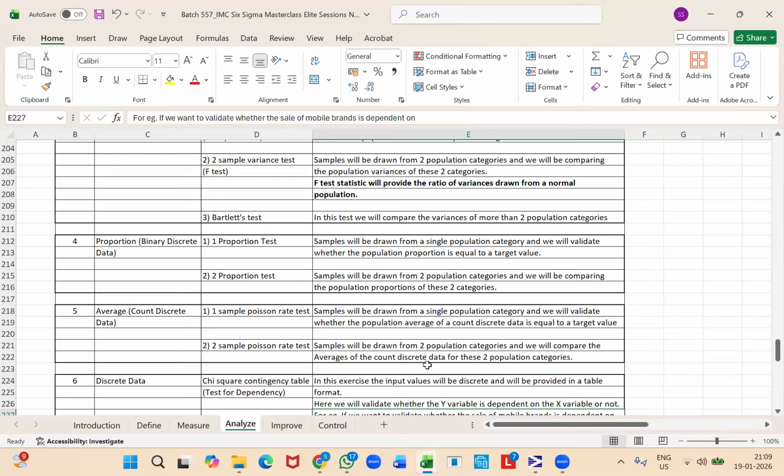If you are writing the sample notation for a statistical metric, that means you have not understood the concept of testing of hypothesis. Because as I told you, in testing of hypothesis, the assumption is made about a population metric, right? And we are validating whether our assumption is valid or not, correct or not, with regard to that population metric.